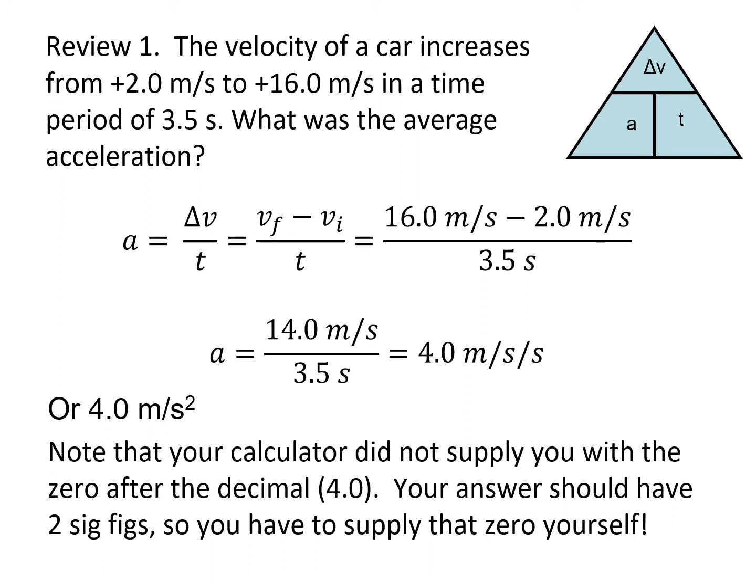There has to be 2 significant figures in this problem because the number of significant figures in the least good measurement is 2 significant figures. Your answer has to be as good as that. Your calculator will only say 4. You have to supply the 0.0.